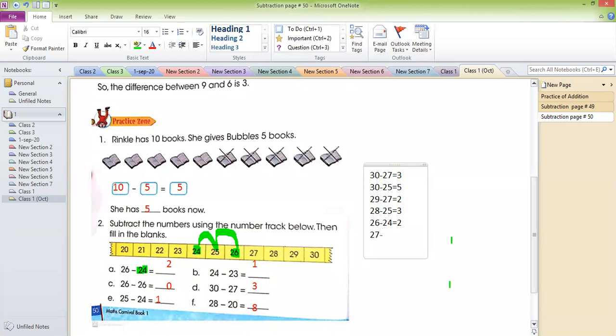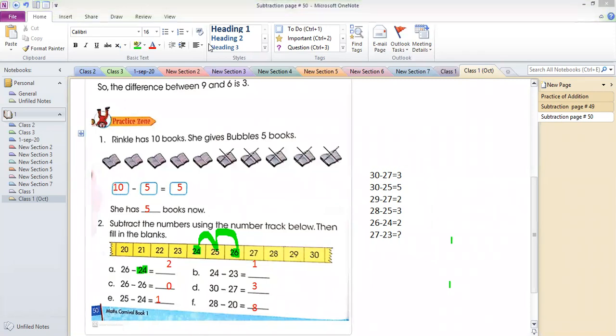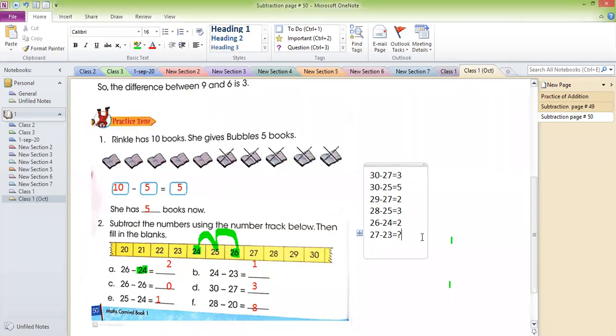Now, if I ask you 27 minus 23 equals what? I will ask this question to one more student. Ibrahim Muhammad, can you tell me 27 minus 23 equals what? 4.